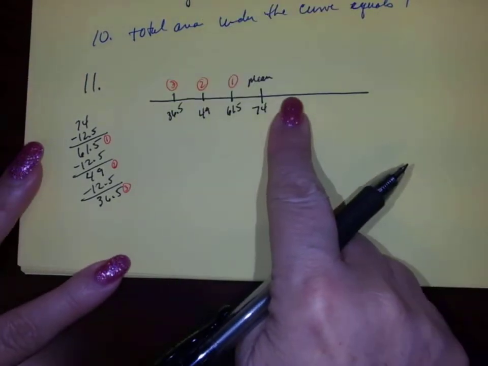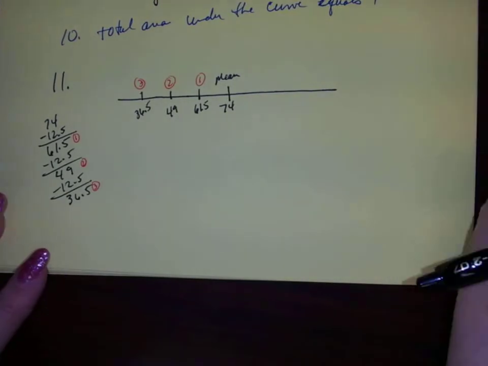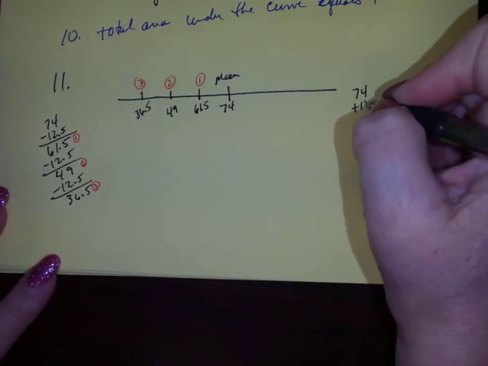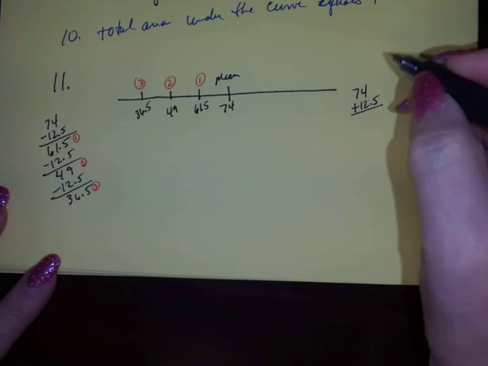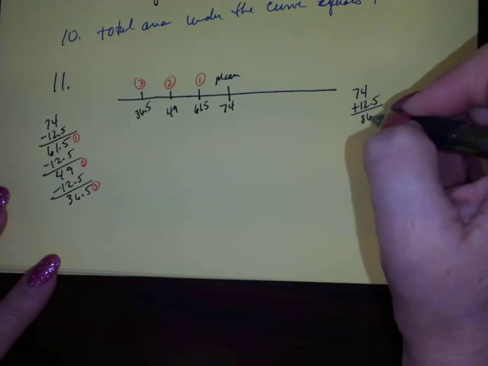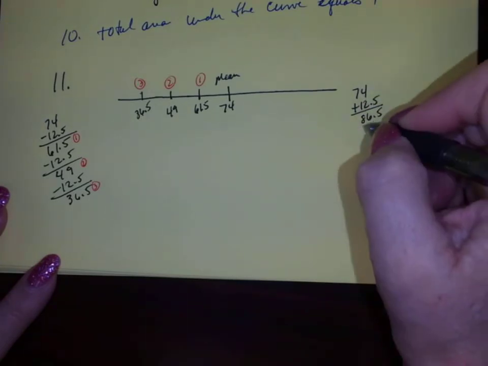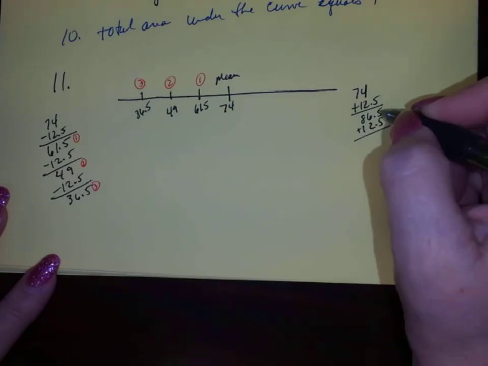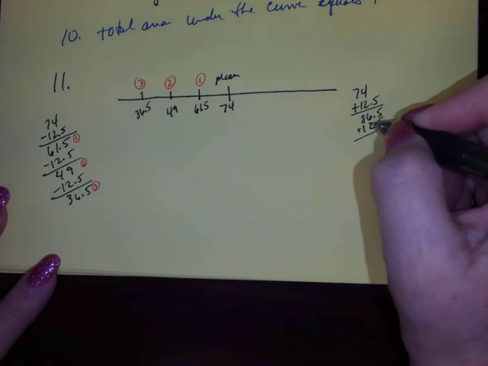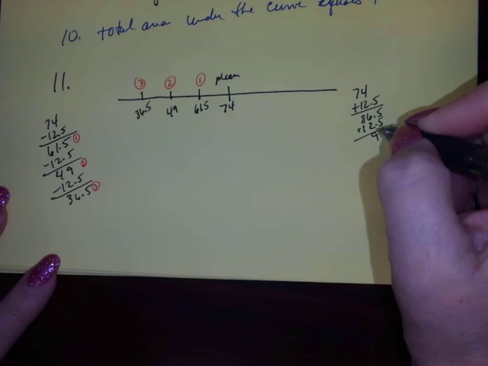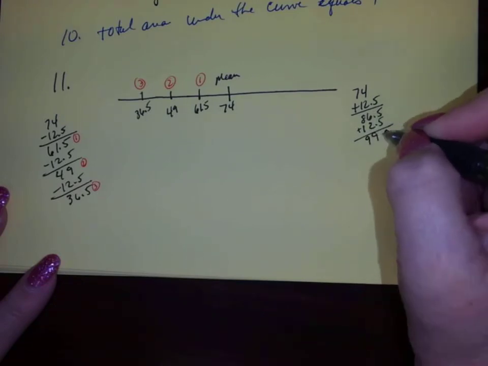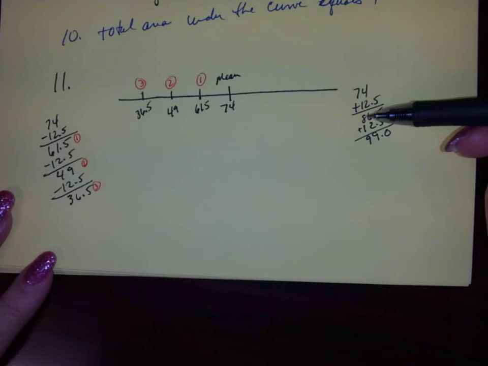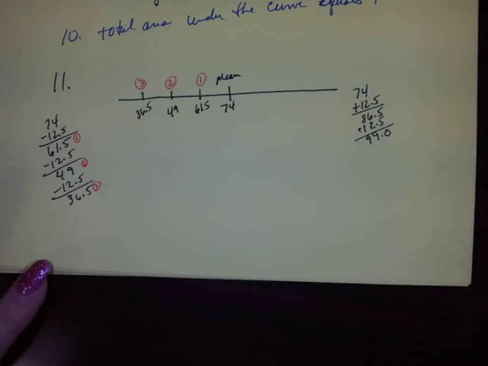Now I've got to figure out the other side. And for this side over here, I'm going to add. So I'll have 74 plus 12.5, and that will get us 86.5. And then I'm going to add another 12.5, and that'll get me 99.0, right? Yeah, 98, yep, 99.